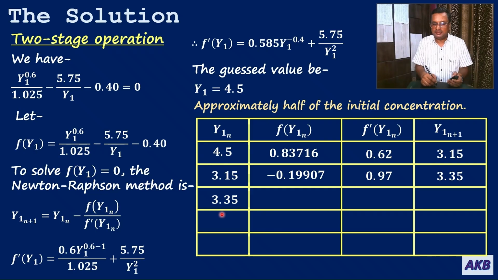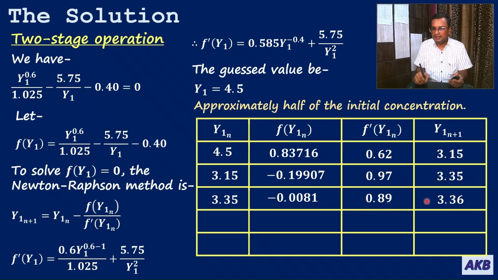Then in the next iteration, with the initial value 3.35, the function at this value is minus 0.0081. Now we are getting close to 0. The function will become 0 at the exact root of that equation, that is at the exact value of y1. The derivative of the function is 0.89, and the new value for y1 is 3.36.